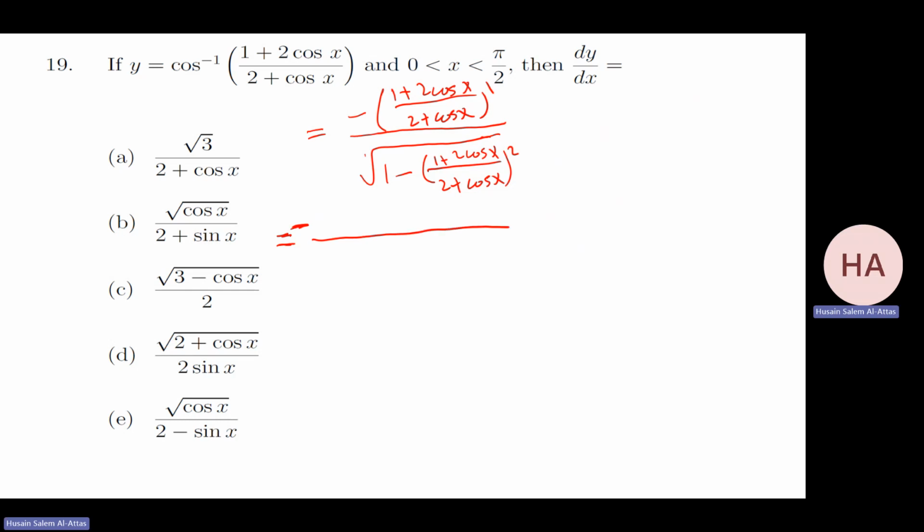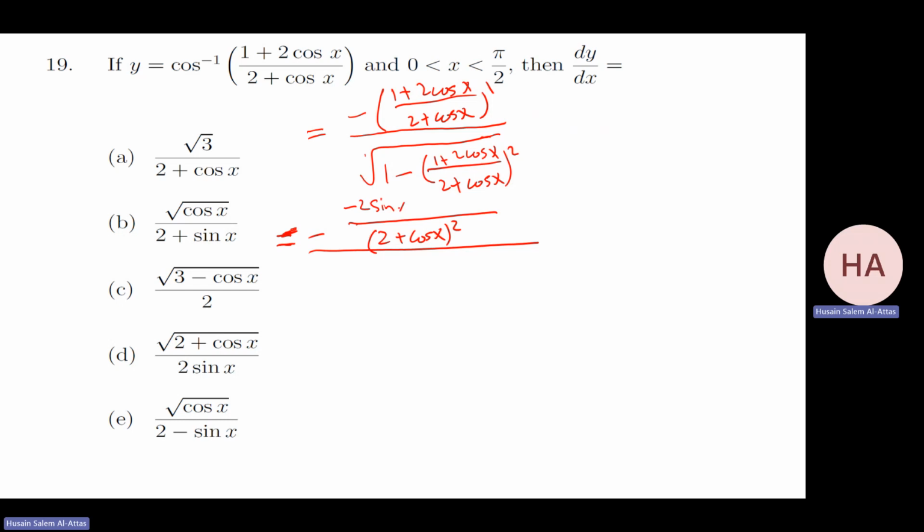So this is minus the derivative of the numerator, which is what?